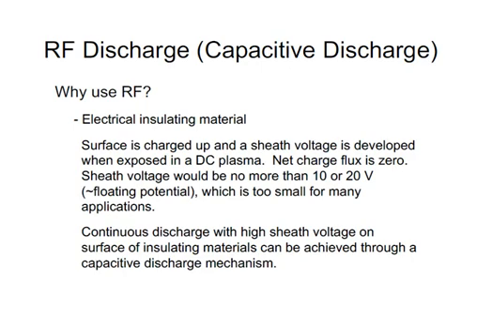So the new chapter is RF discharge. Basically there are two types of RF discharge. One is capacitive type discharge. The other one is inductive type discharge. And our class will just focus on the capacitive type discharge.